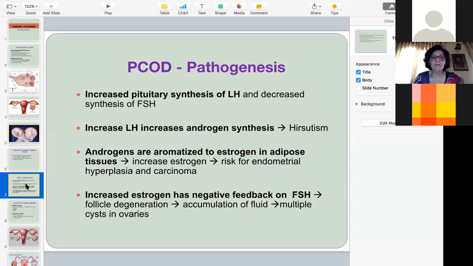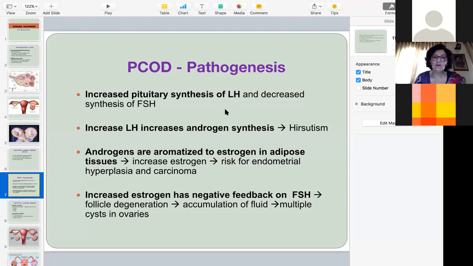And what happens in PCOD is that there is increased pituitary synthesis of luteinizing hormone and decreased synthesis of follicle stimulating hormone. So because FSH is decreased, follicles do not mature and they increase in size and then become follicular cysts. The increased LH on the other side causes androgen synthesis, and androgen synthesis will lead to hirsutism, that is male-like characteristics.